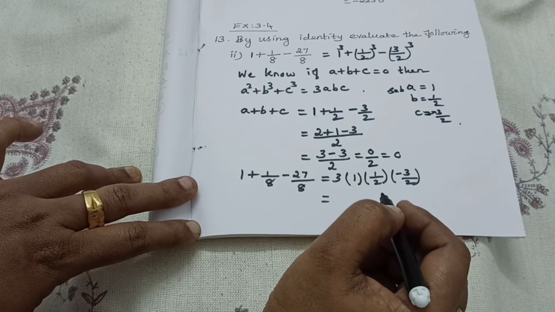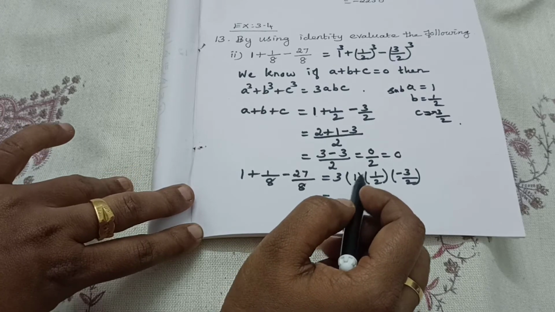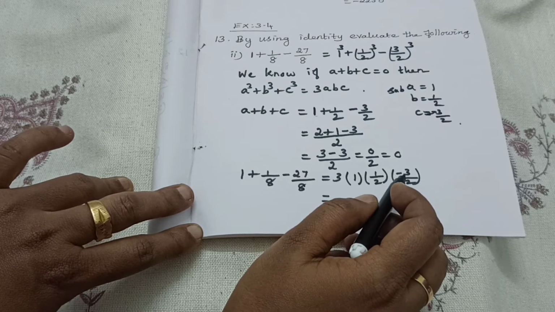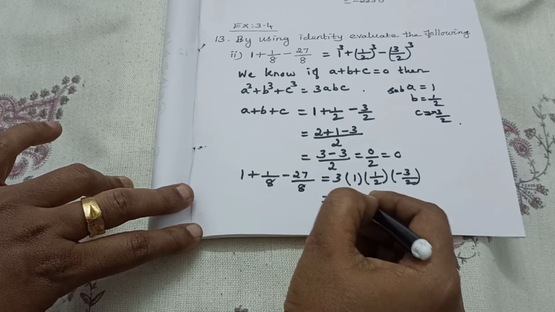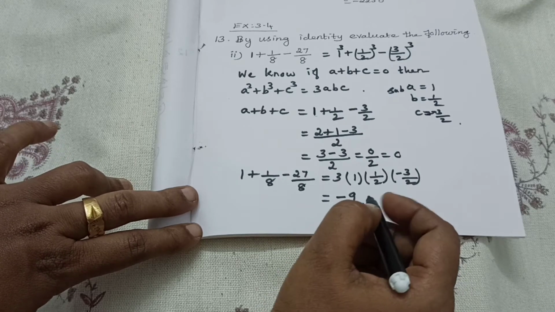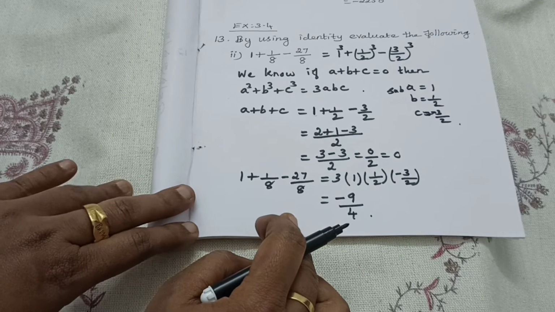Okay, and equal to, here 3 into 1 is 3. 3 into 1 is 3, isn't it? Then 3 into minus 3 is minus 9. Minus 9 divided by 2 2s are 4. Okay, did you get the answer? Any doubt?